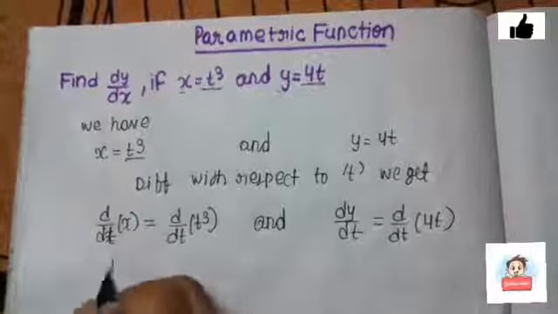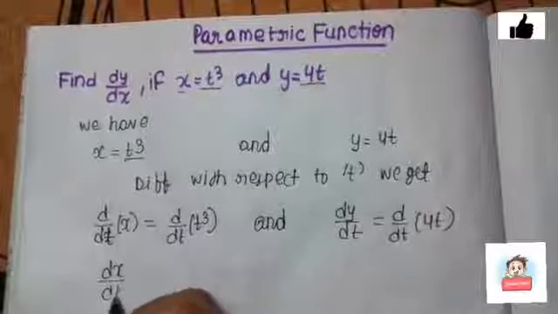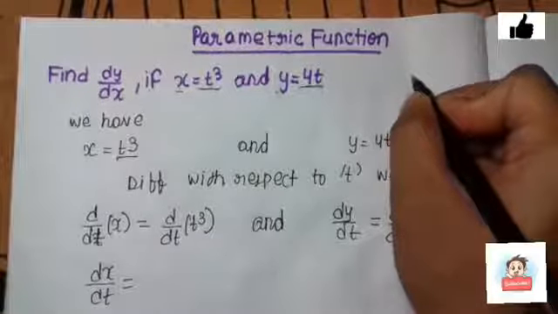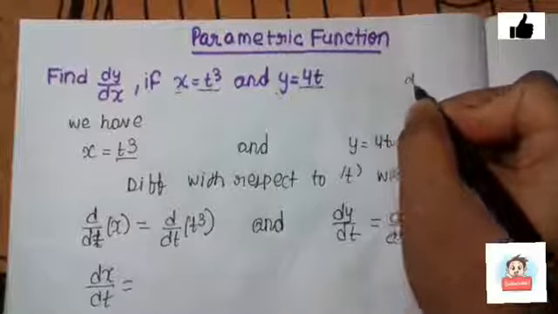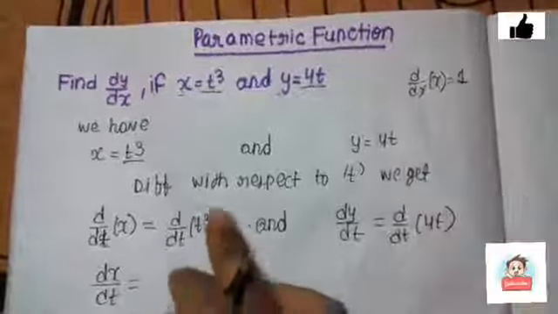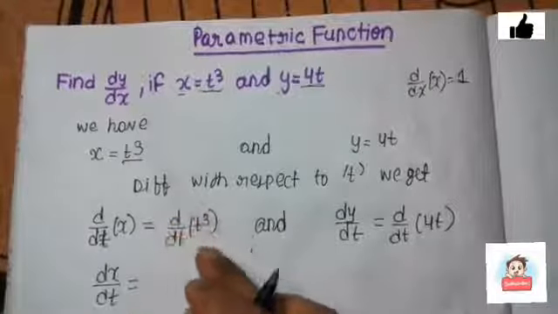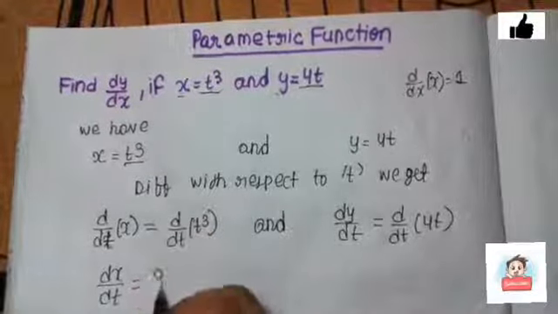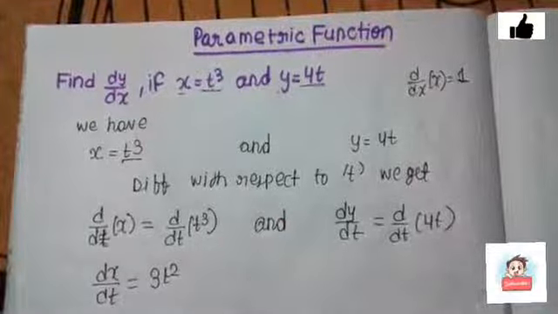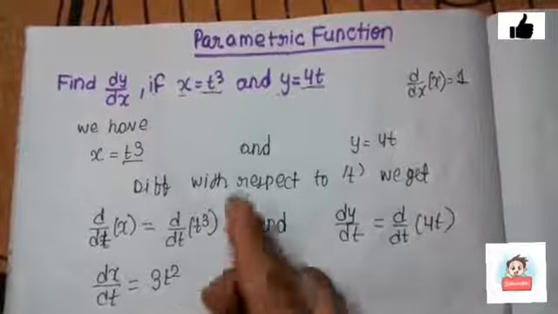So now dx by dt comes to, as we have seen in the previous video, d by dx of x is 1. So what will be d by dt of t cubed? It will be 3t squared. How come? You must be thinking how this comes.